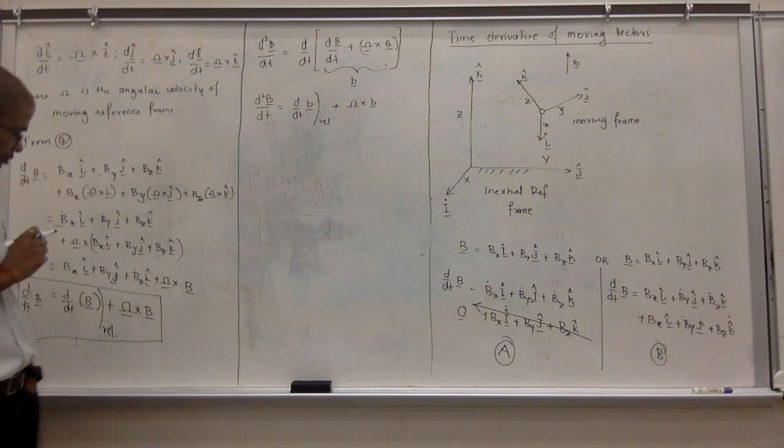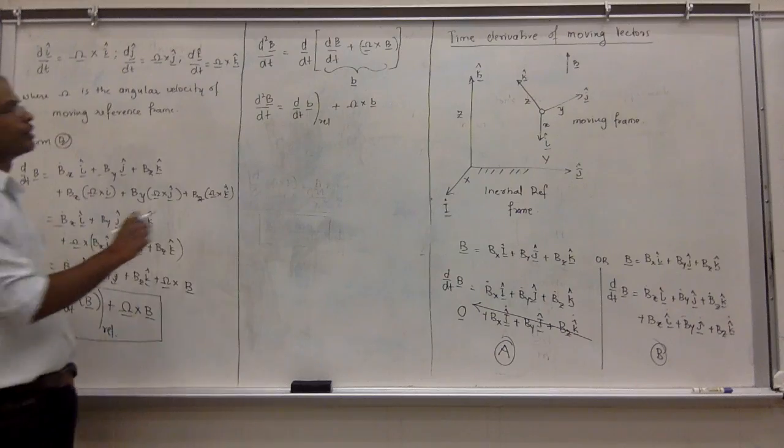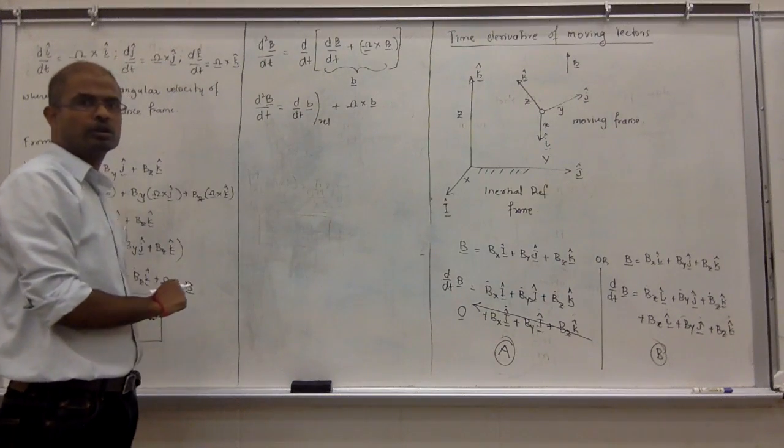What does that law mean again? That law is that for any vector b, the derivative is always expressed as, first its local derivative, which is relative, plus the derivative of the changing frame. So if I define this as vector small b, this is how it's going to roll out.